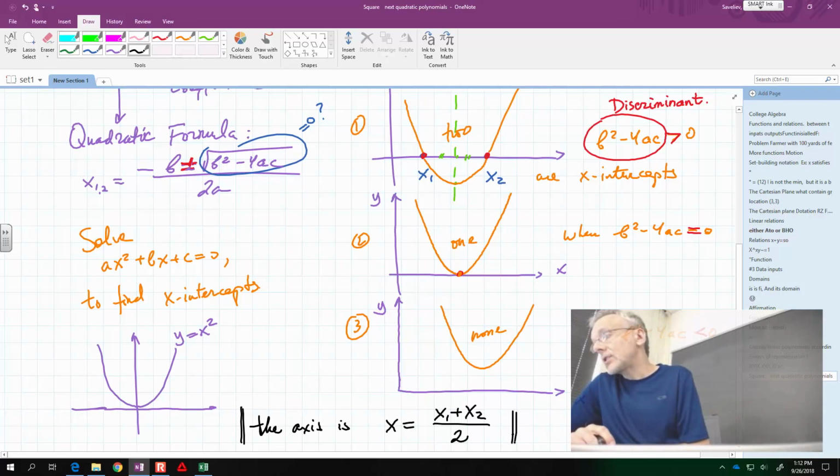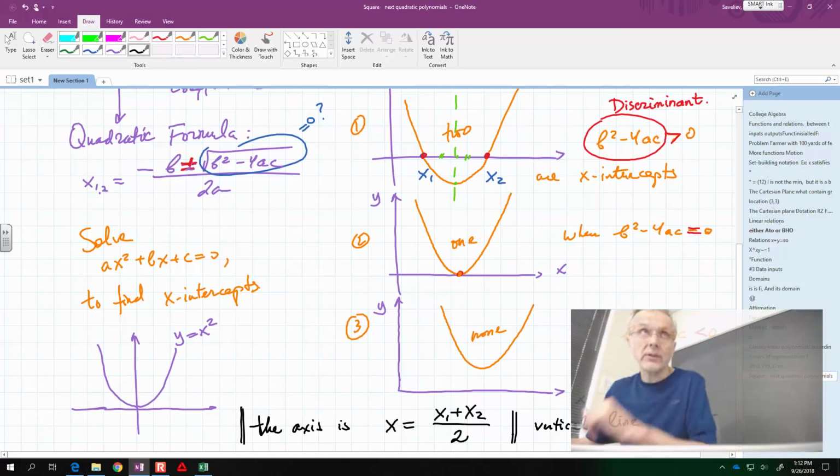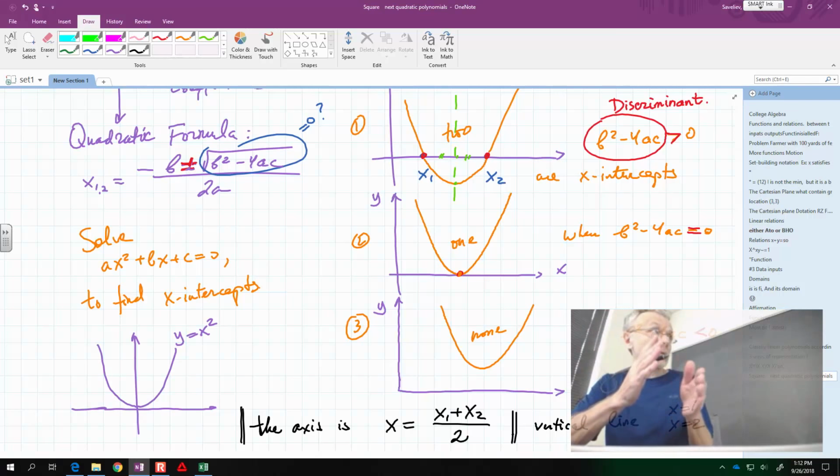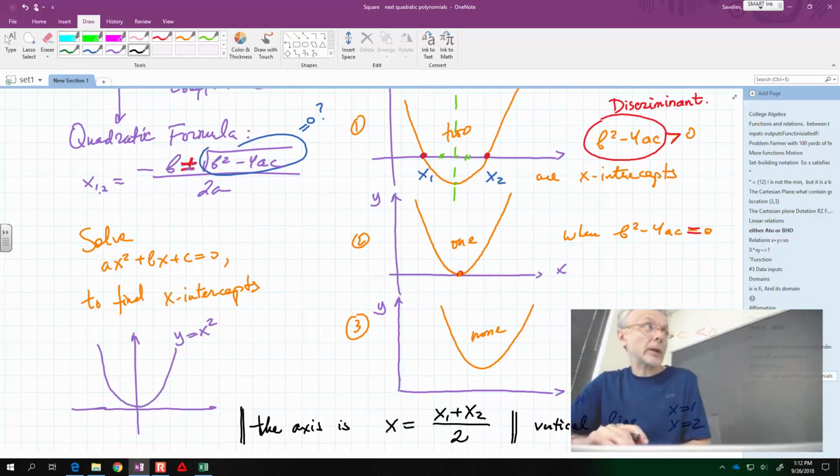It is a vertical straight line, and vertical lines are given by the same type of equation: x equals 1, x equals 2, and so on. All of these are vertical lines. This one is particular. So we find where it crosses the x-axis. It crosses the x-axis halfway between x1 and x2, and that's how we find it. It is the average, right? So halfway between x1 and x2 is the average, x1 plus x2 over 2. So we easily found it that way.